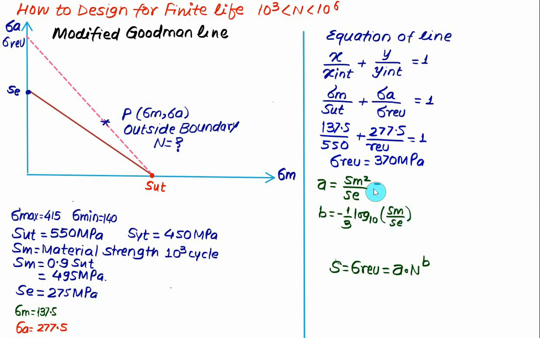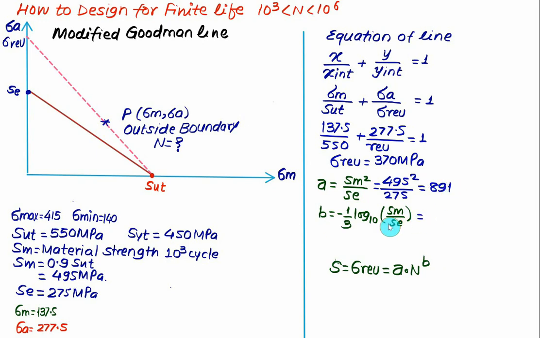Let's substitute for Sm squared: we have material strength equal to 495, so 495 squared, and endurance strength equal to 275. Find the constant A and you will get it close to 891.